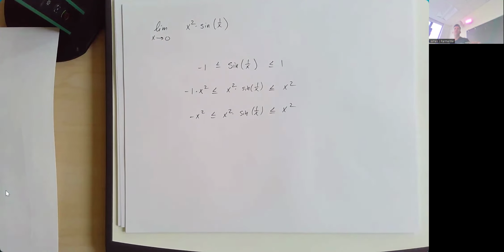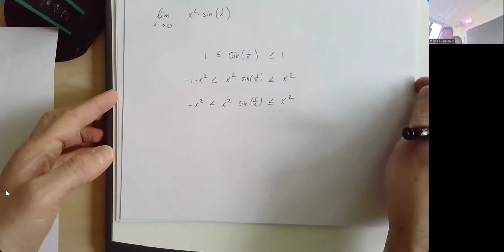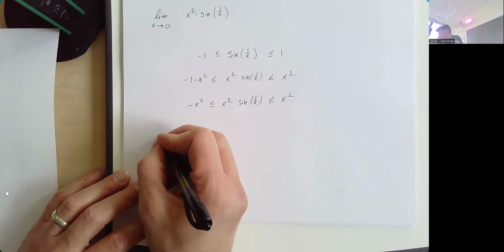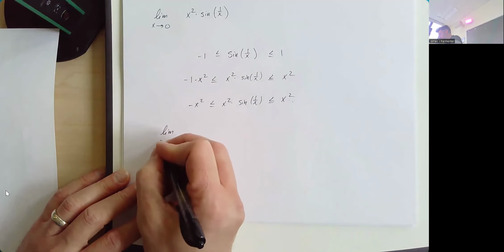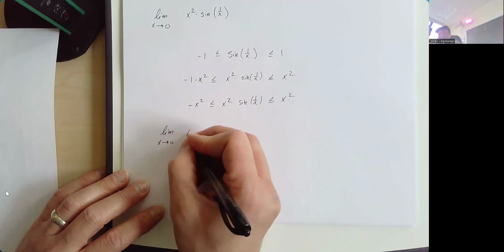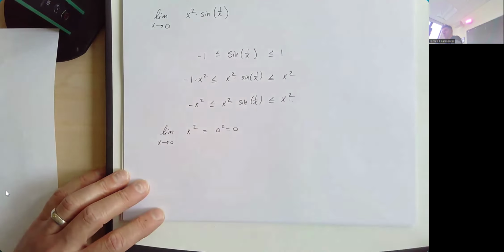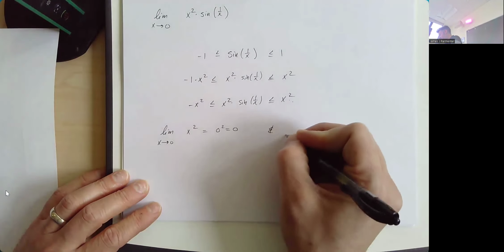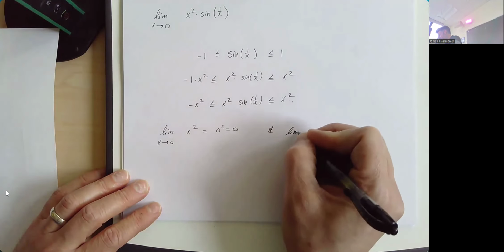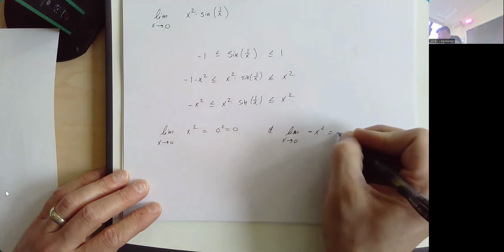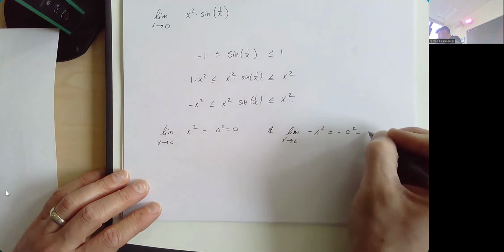Here is where the squeeze theorem comes into play. The squeeze theorem says that if you take the limit of these two outer things, and it's the same... So the limit as x approaches 0 of positive x squared is 0 squared, which is 0. And the limit as x approaches 0 of negative x squared is negative 0 squared, which is 0.